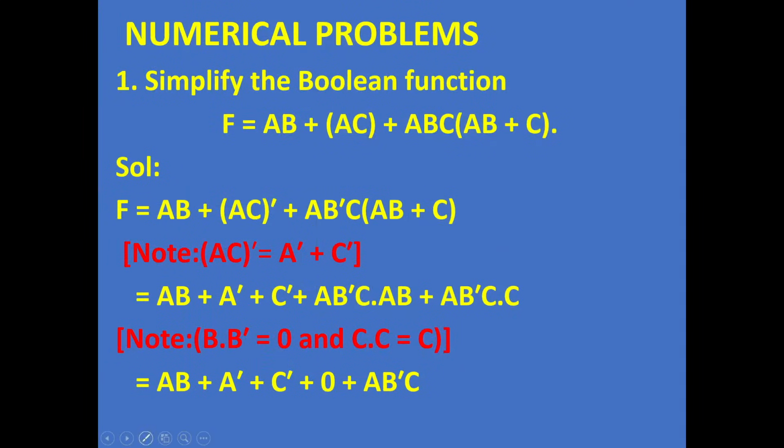So see, this is AC whole bar and this is A B bar C into AB plus C. This is the expression: F equal to AB plus AC whole bar plus A B bar C into AB plus C. So let us write down the expression in the solution, the same expression which has been given.